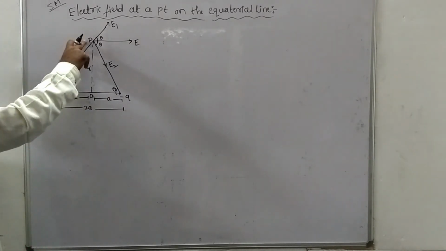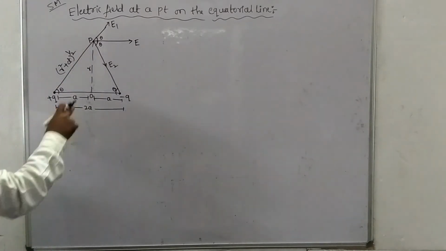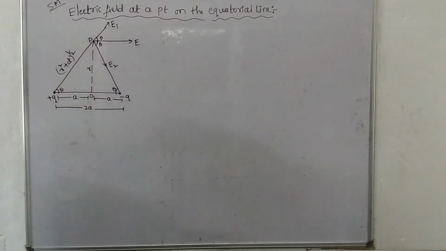Let P be a point on the equatorial line at distance r from the midpoint O, as shown in the diagram.